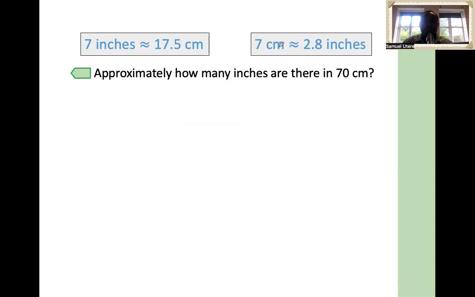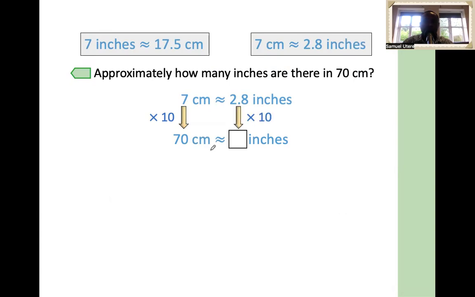So we need to pick the fact that starts with centimeter. So we'll now write it and line 70 up with it. So now you can see that, comparing 7 and 70, we have scaled it up by 10. So we need to scale 2.8 by 10, which means that becomes 28.